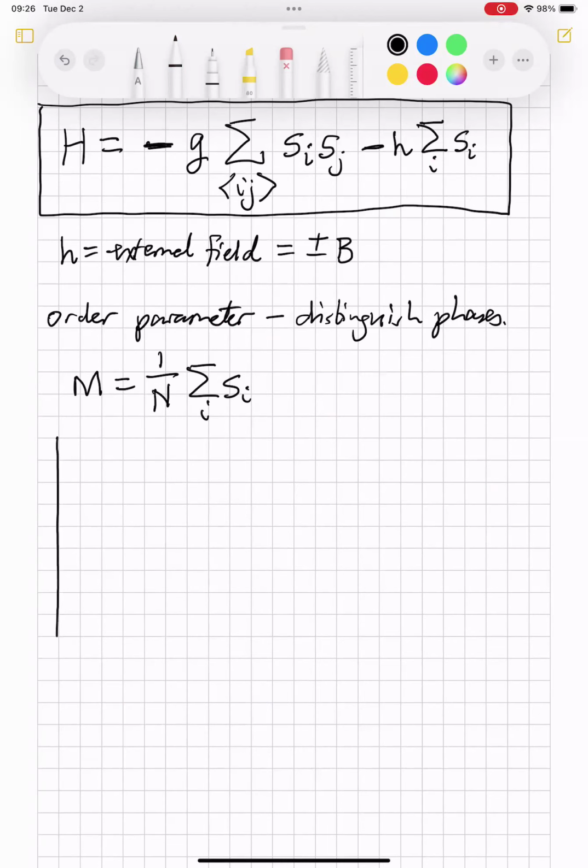So on this axis, I'm going to imagine I've got my external field. Along this axis over here, I'm going to have temperature. Now let's start off over here, so very small external field, very low temperature.